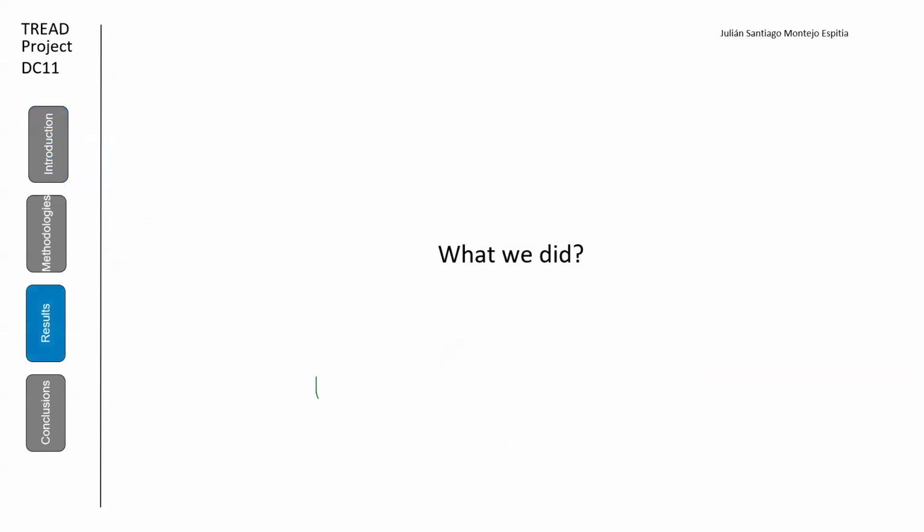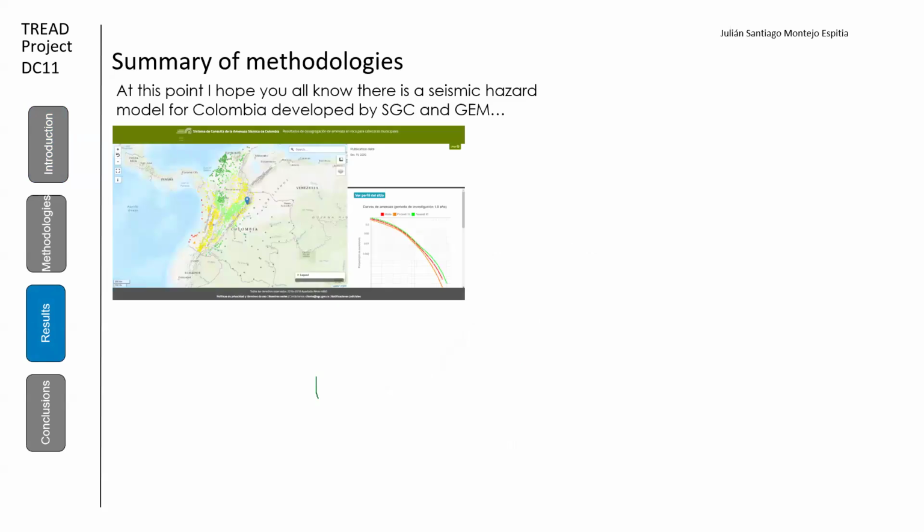So what we did, most of you are now experts in hazard in Colombia because you have seen this caption many times, but there is a hazard model of Colombia, developed by the Colombia Geological Survey and the GEM Foundation.